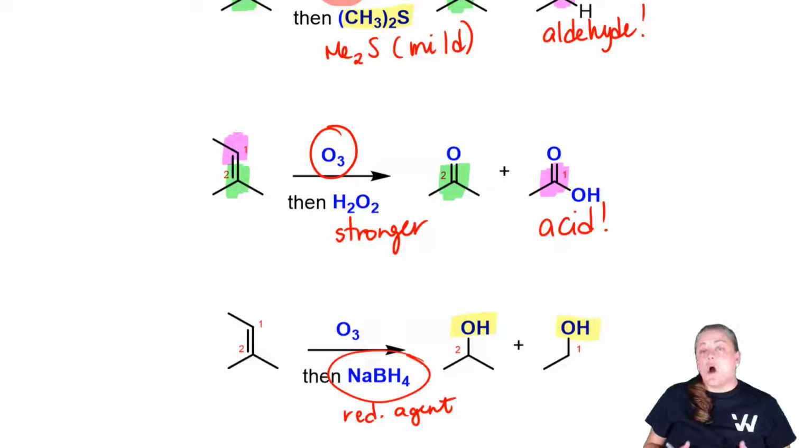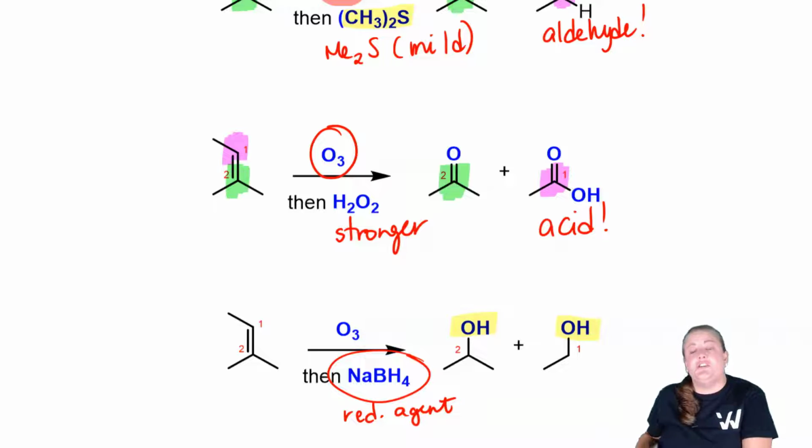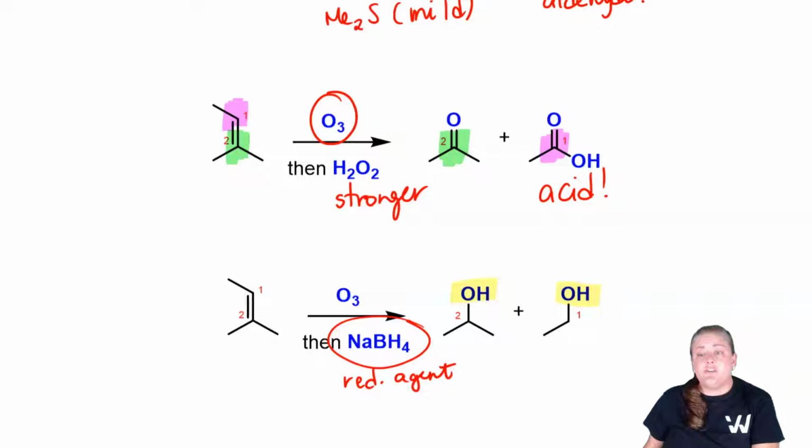So, ozone is used as the first reagent in all of these reactions, followed by 3 different types of workups. Dimethyl sulfide is mild and will give the aldehyde from a monosubstituted alkene. Hydrogen peroxide is a stronger workup, which gives the acid from the monosubstituted alkene. And sodium borohydride can be used to give an alcohol instead of that carbonyl.